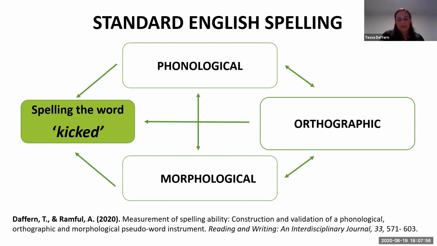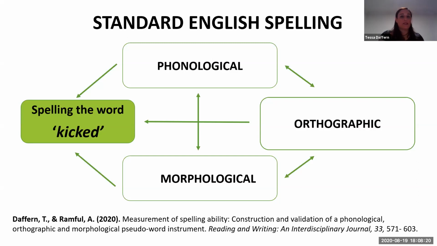So if a person who's learning standard English spelling is explicitly taught how to coordinate these three overarching linguistic processes, their capacity to coordinate these processes over time can become increasingly efficient and accurate in the presence of explicit teaching.